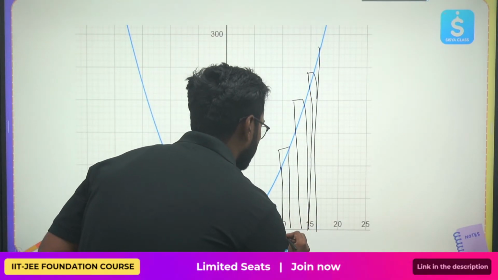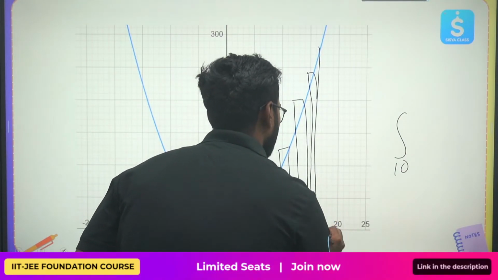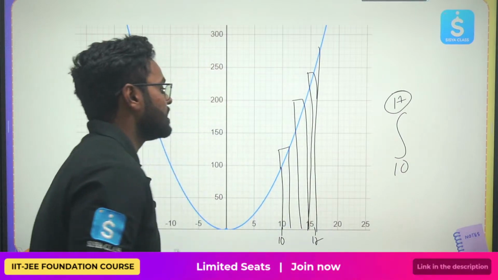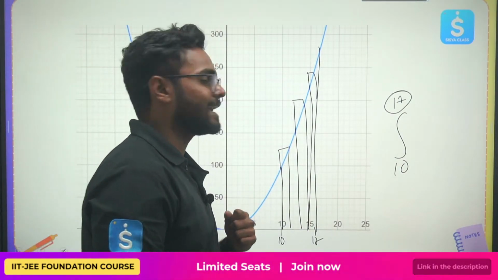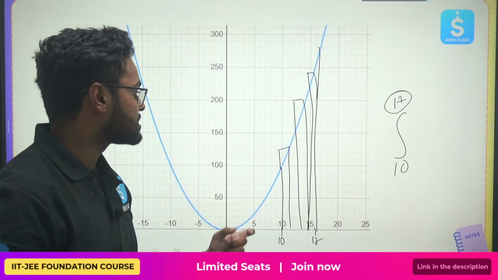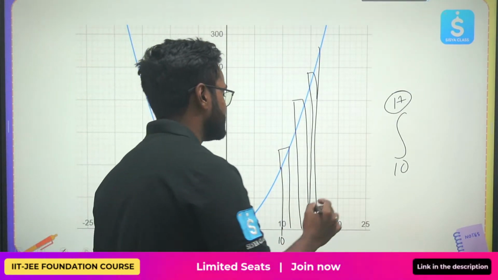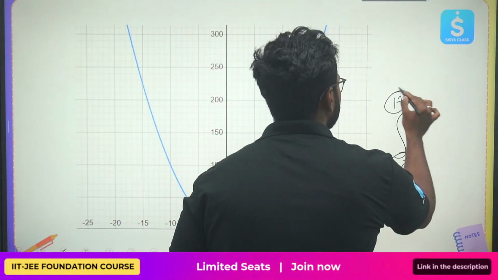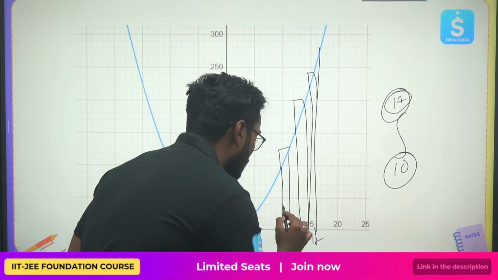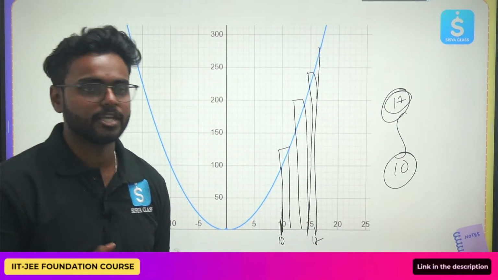Now if you add these, with limits from 10 to, let us assume, 17, you will get the sum, which is the area under this curve. The smaller the parts you take, the better the approximate answer would be. And these are the limits: the starting point of your graph and this is your ending point of the shape.